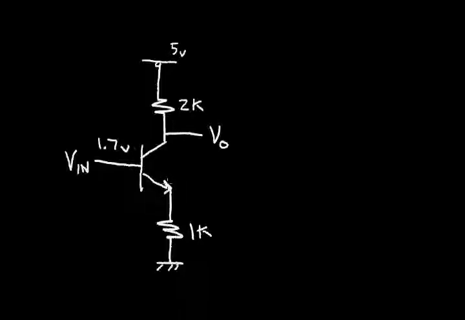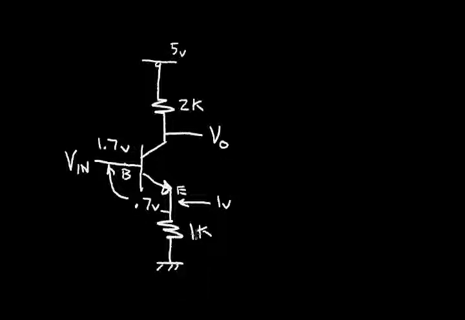Now we know that this NPN transistor forms a diode from the base to the emitter terminal. And we know that the approximate forward drop in this base emitter diode is, as a rule of thumb, about 0.7 volts. So I have 0.7 volts from the base to this emitter. And since I have 1.7 volts at the base, that tells me that my emitter voltage is 1 volt.